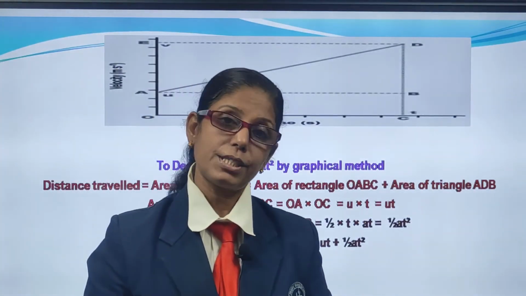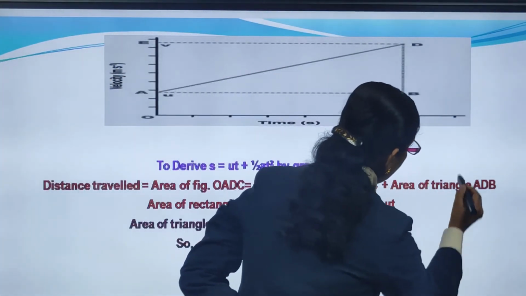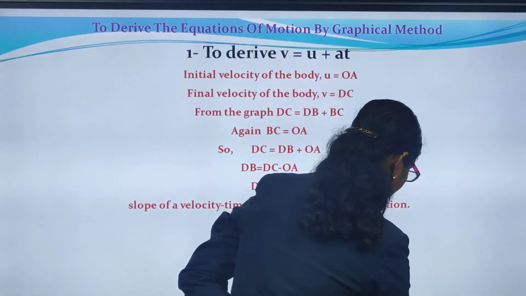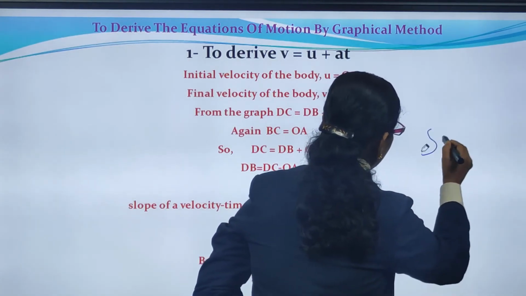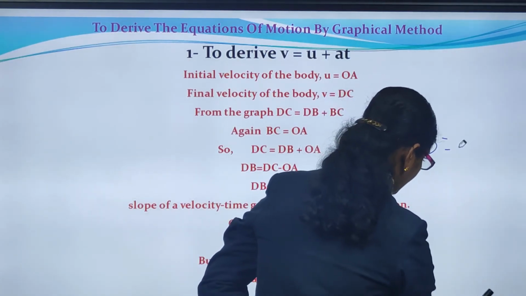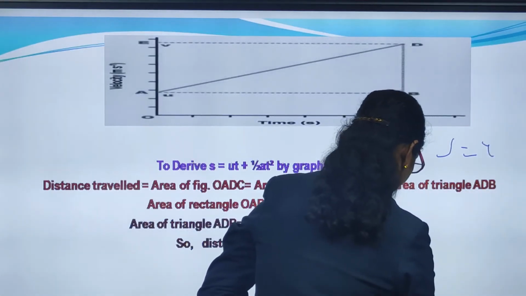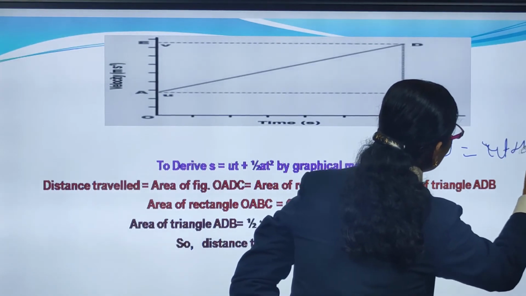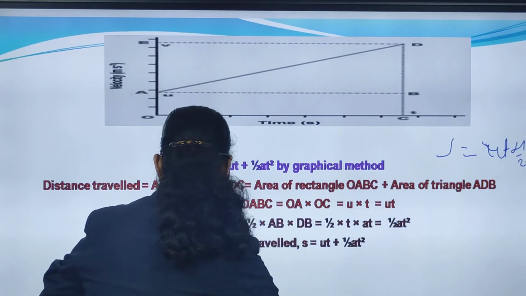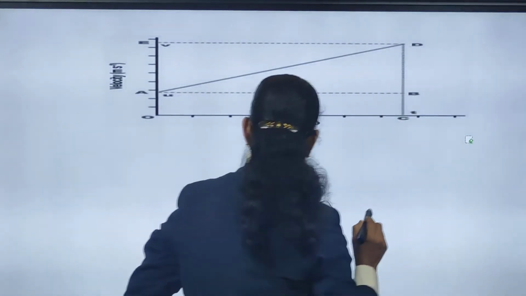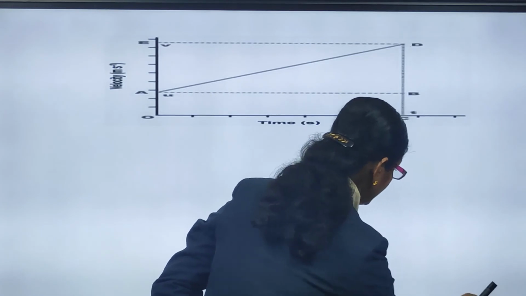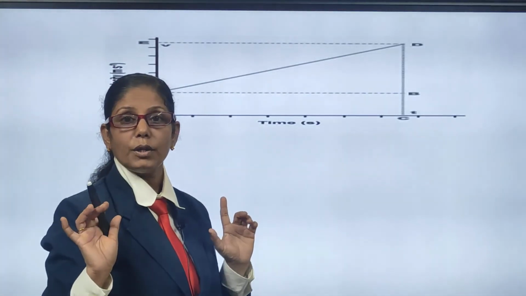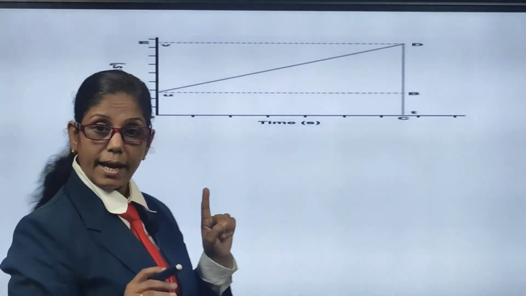Now, second equation. What is our second equation? S is equal to UT plus half AT square. So, for this again we are going to take velocity time graph.